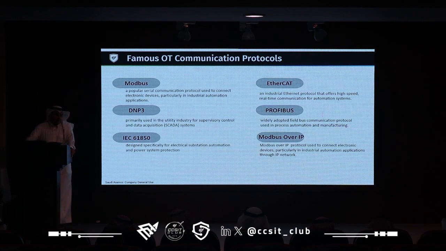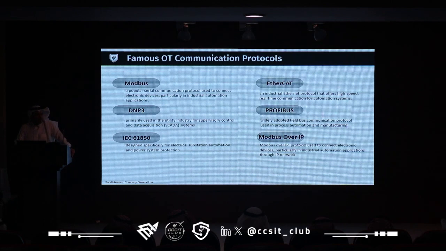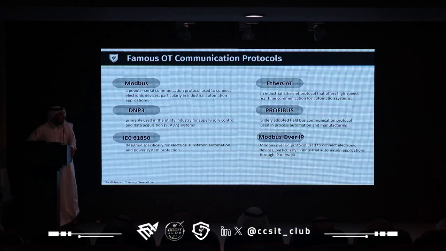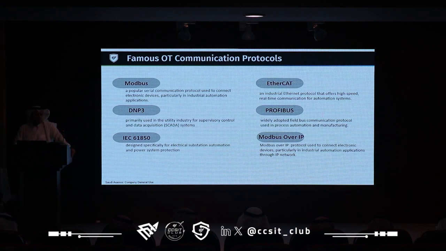Also, we have DNP3, a protocol dedicated to the electrical or utility industry. And we have many protocols used in OT to exchange data between the control system and field devices.